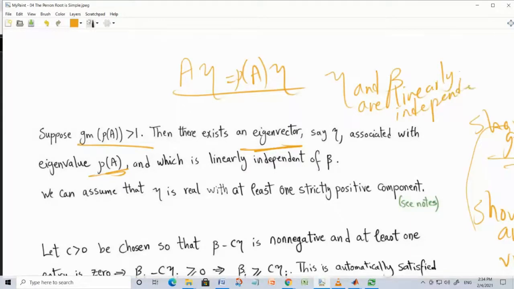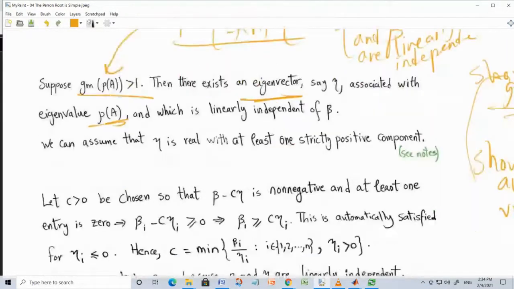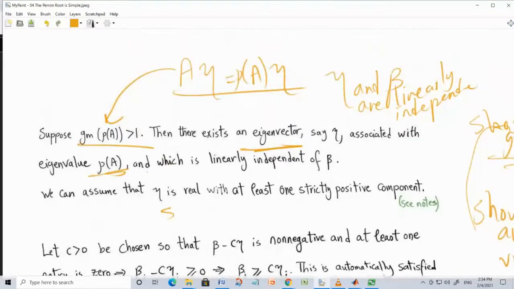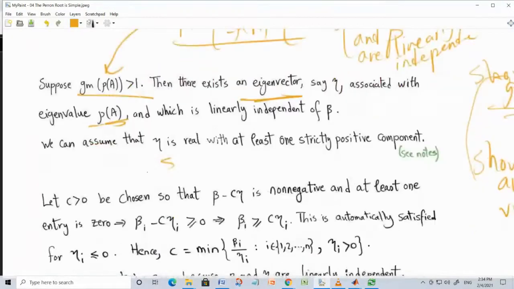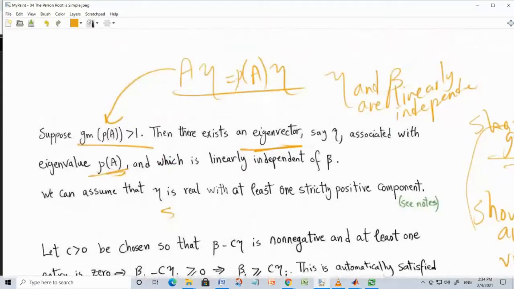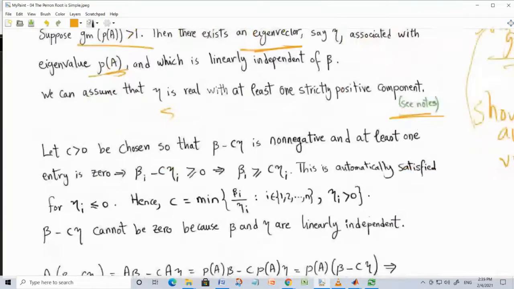Okay, so this is true if the geometric multiplicity is indeed greater than 1. We will assume here that eta, this other vector, is real with at least one strictly positive component, and the argument is in the notes.